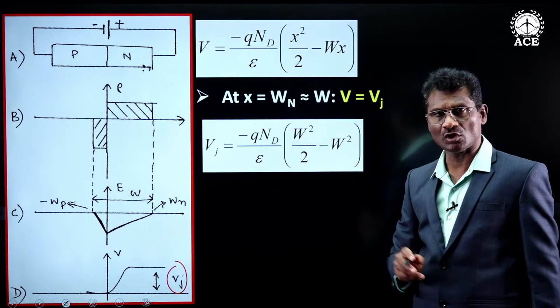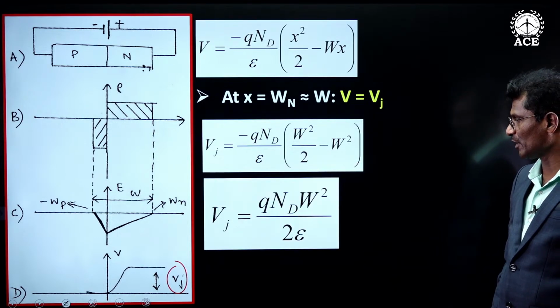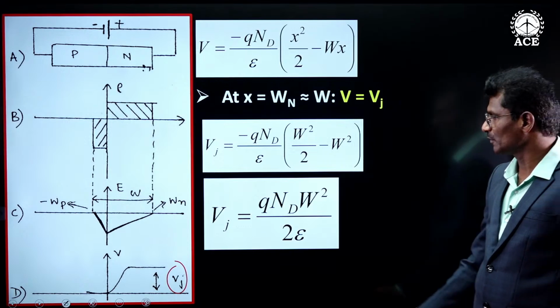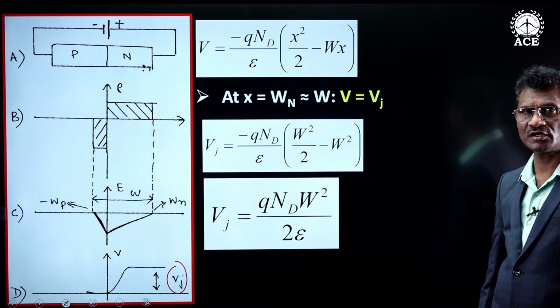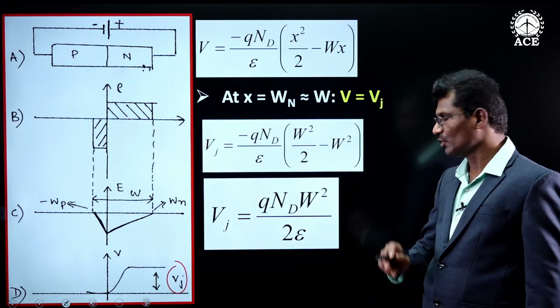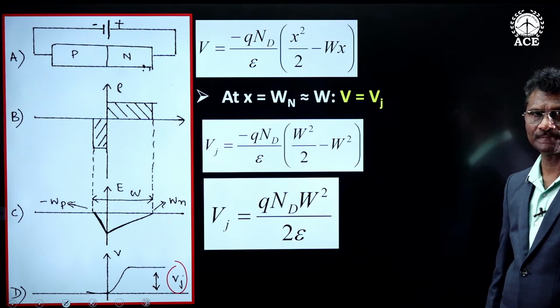If we pull out the common entities, we get Vj as Q Nd W square by 2 epsilon, where Q is charge, Nd is donor concentration, W is width of depletion region, and epsilon is permittivity.